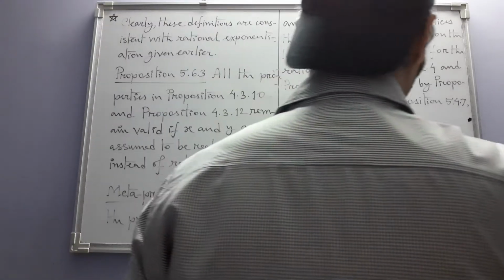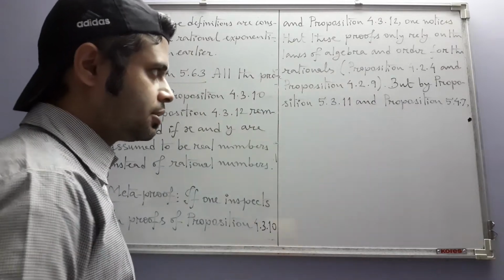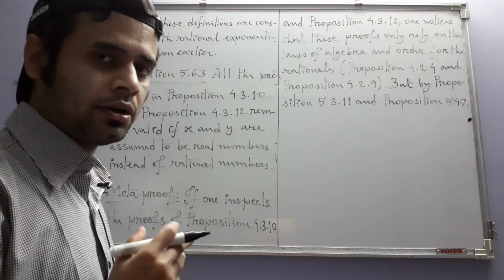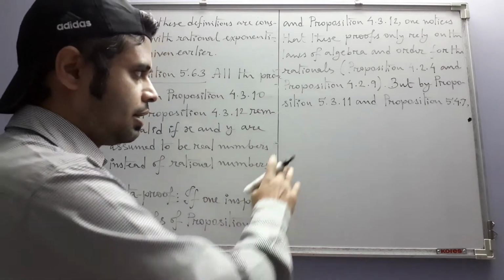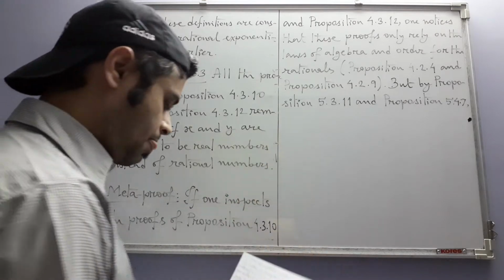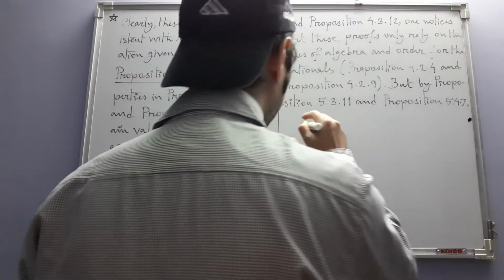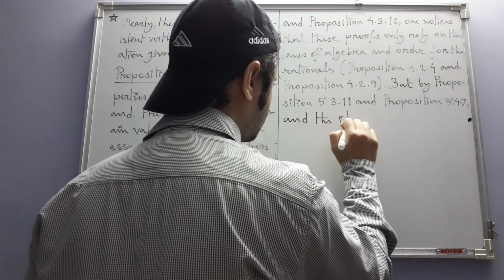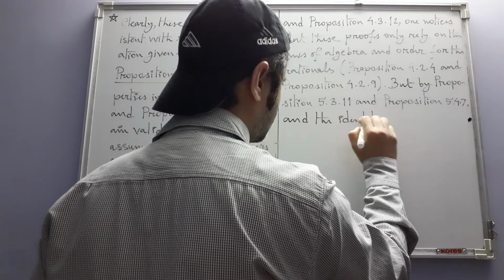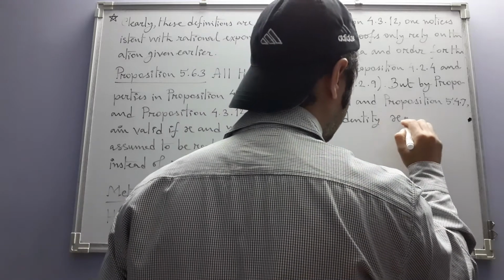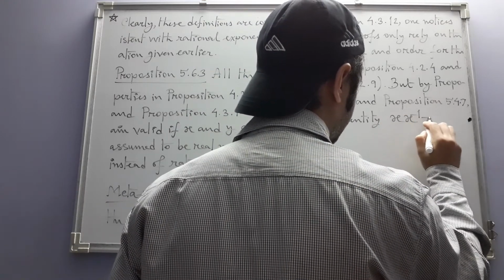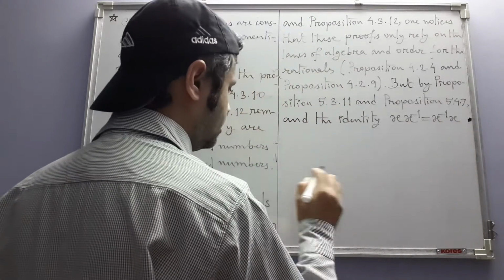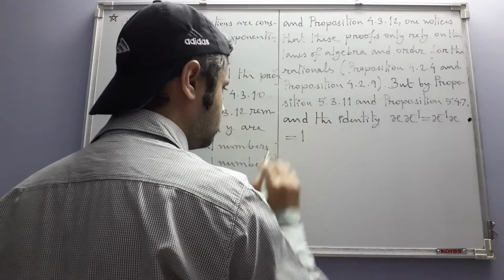Anyway, whatever it is, these two propositions contain the fact that the laws of algebra and the laws of order that we already know are true for real numbers, and the identity that, of course, when you multiply any non-zero real number with its reciprocal in any of these two orders, you get 1.